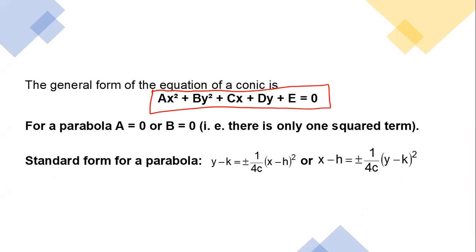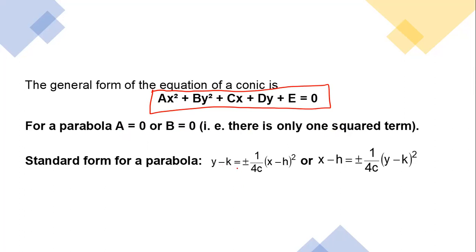Now, for parabolas, you're either going to have an A term or a B term, meaning that there's only going to be one squared term. Does that make sense? So for parabolas, there's only going to be what? One squared term. Depending on which one you have, if you're given your A, that means you're going to have a vertical parabola.